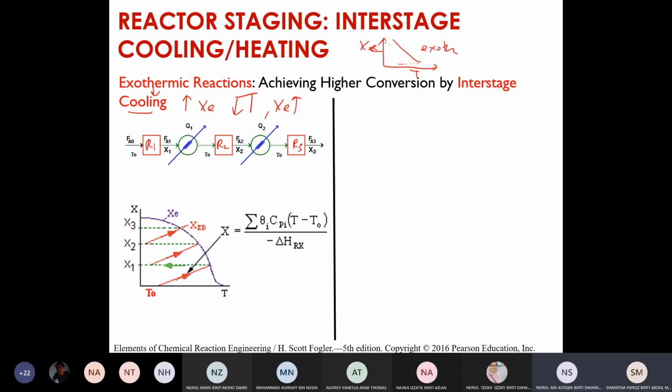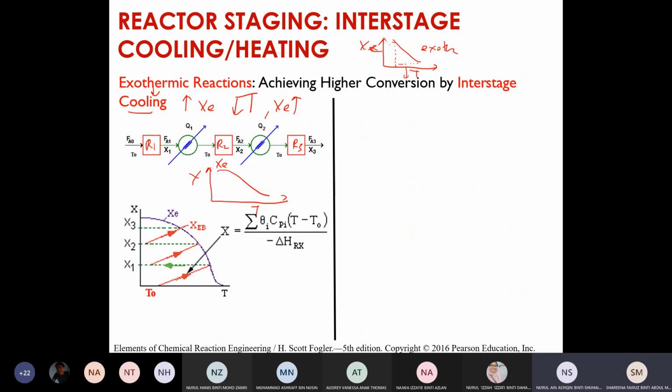So if X is 0.9, T has to be less than the outlet T here. When you need to reduce the temperature, what you need is interstage cooling. Before this we didn't learn about reactor staging, which means, let's say we have a graph here. This is the XE graph.